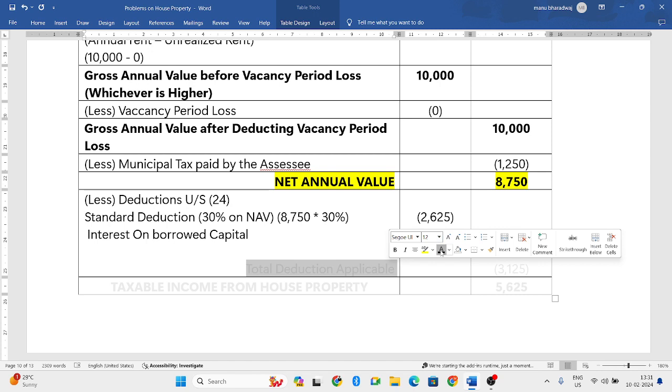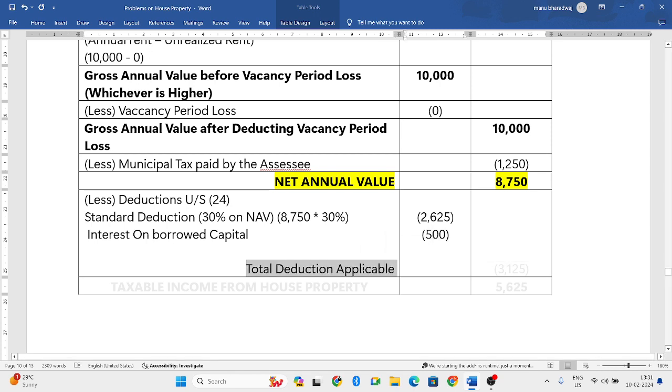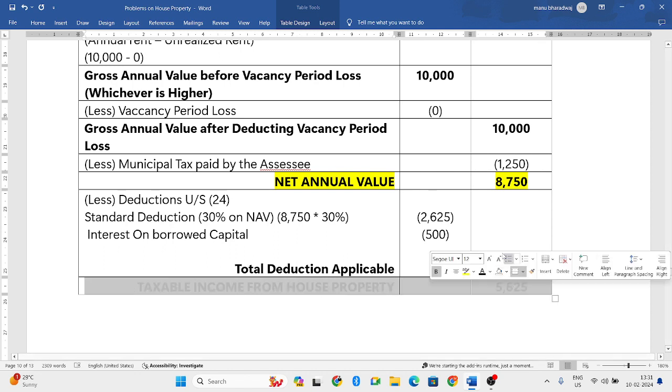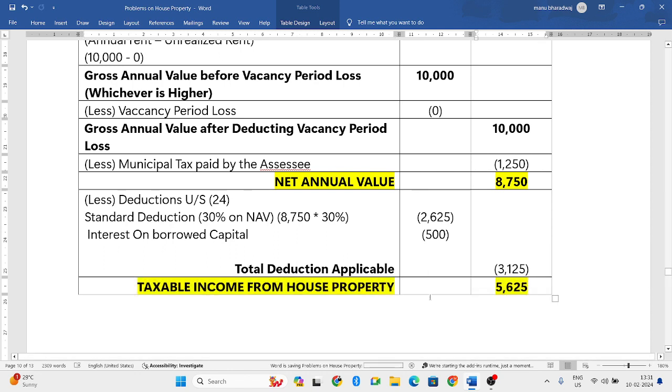When you add both, you will get the total deductions applicable. So 2,625 plus 500 will be 3,125. That is the total deductions. So from 8,750, if you deduct 3,125, the remaining amount will be 5,625. That is the taxable income from house property.